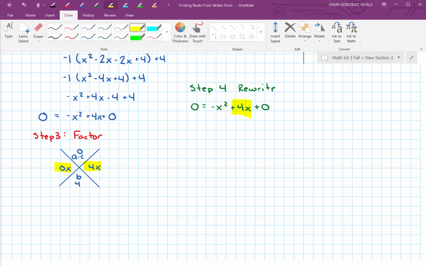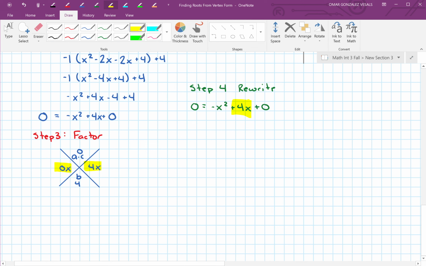Not 2x plus 2x, because do you see the factored one? So check it out. The whole reason we factor, guys, is that I can rewrite this. Yes, 2 times 2 is 4, but 2 plus 2 is not 0. So by doing this, it helps this and this one also.